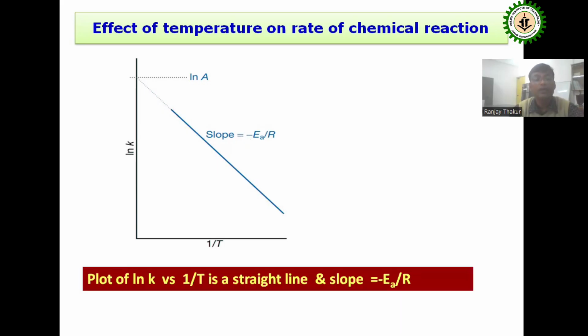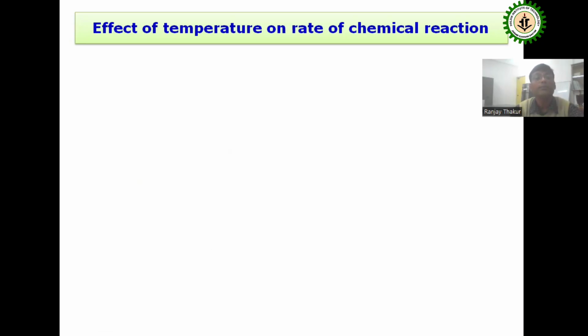The minus sign indicates the slope is negative.